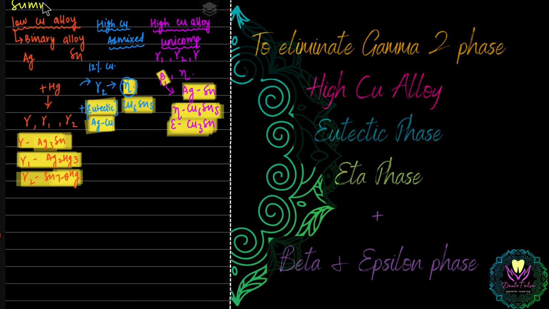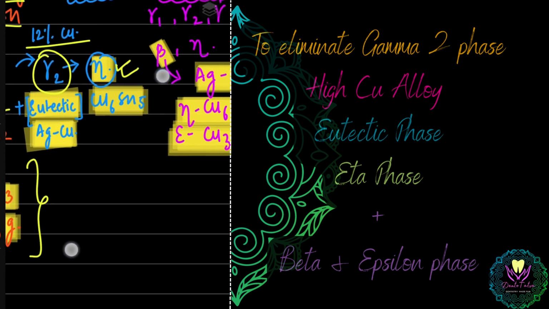In eutectic, it is AgCu, which forms the fifth phase, that is eta, Cu6Sn5. And in high copper unicomposition, there is introduction of two more phases, that is beta and epsilon. Beta is AgSn and epsilon is Cu3Sn.